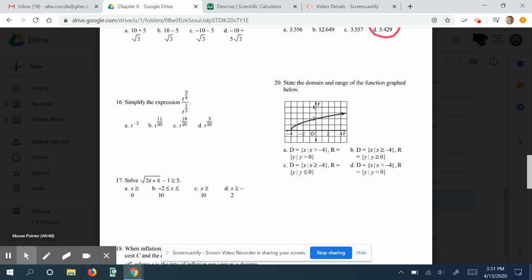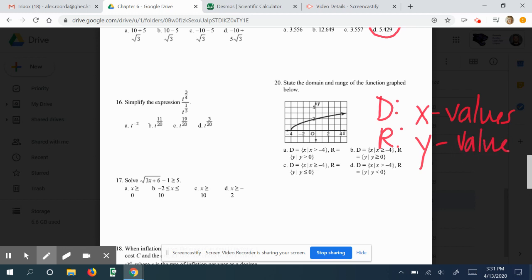All right. Finally, the last one, number 20, domain and range. So remember, domain is my X values. Okay. And range is my Y values. Okay. So if I'm looking at this, my X values start at -4 and go on forever.